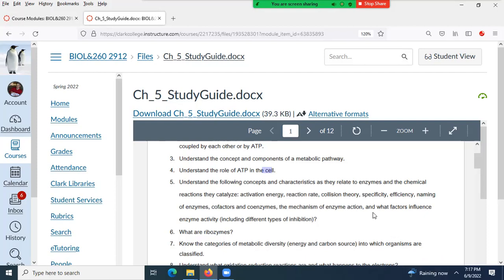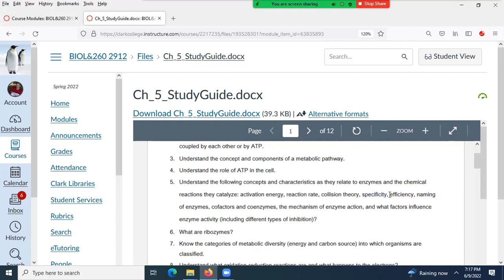But for this class to be simple, we're saying that enzymes are specific for one and only one molecule. And that's almost true, okay? It's not quite true, but it's almost true.